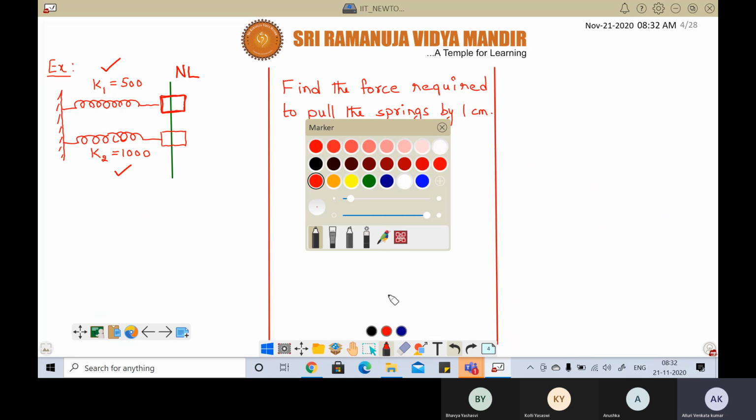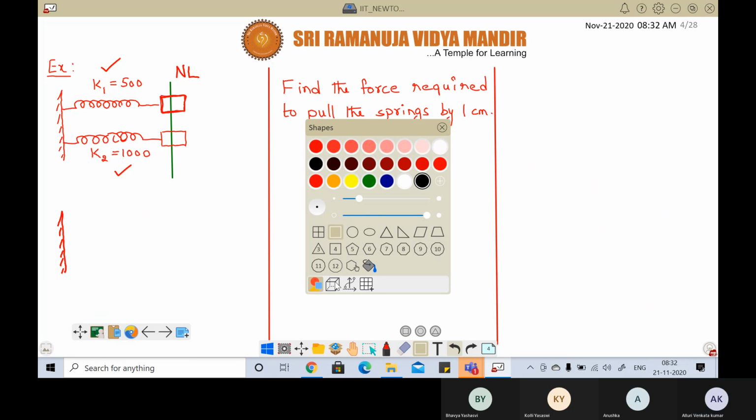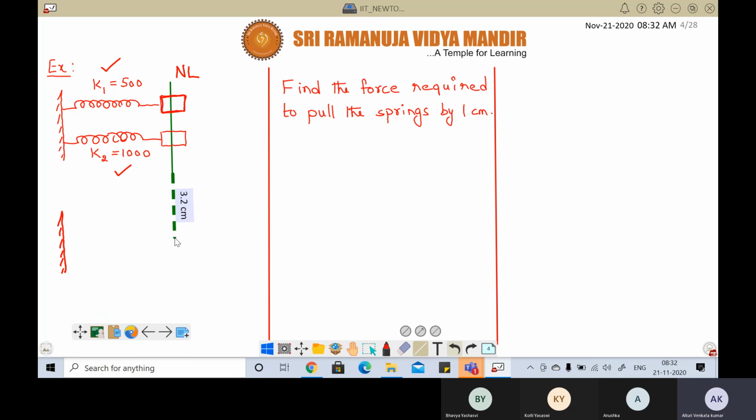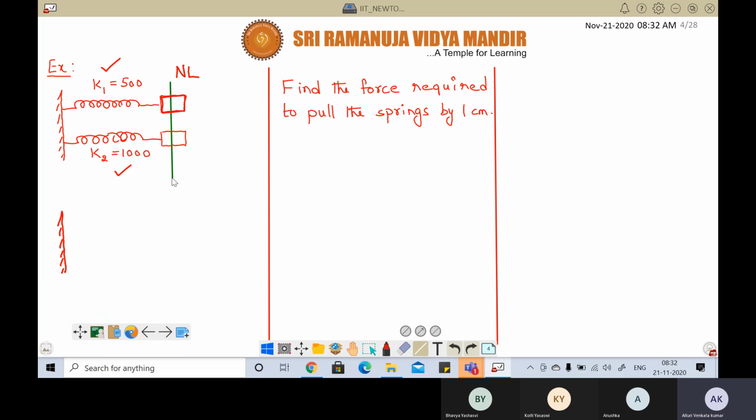Now let us see. Let us say this is the natural length position, correct?